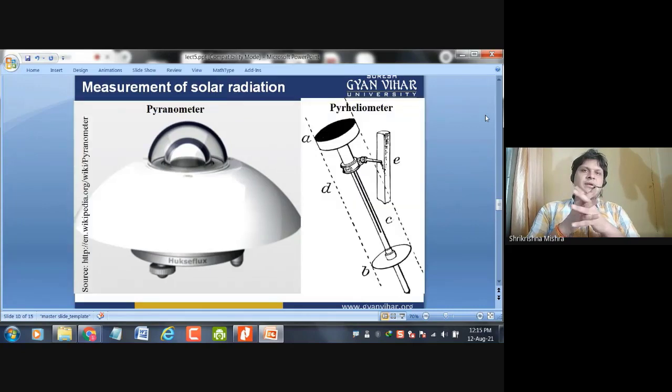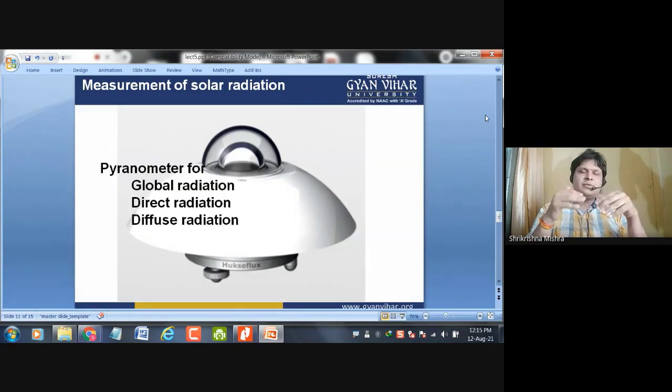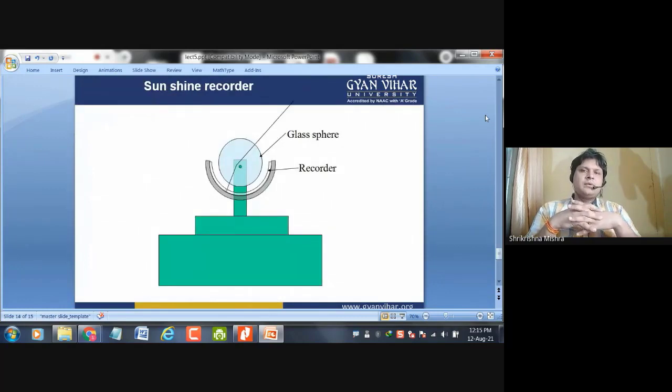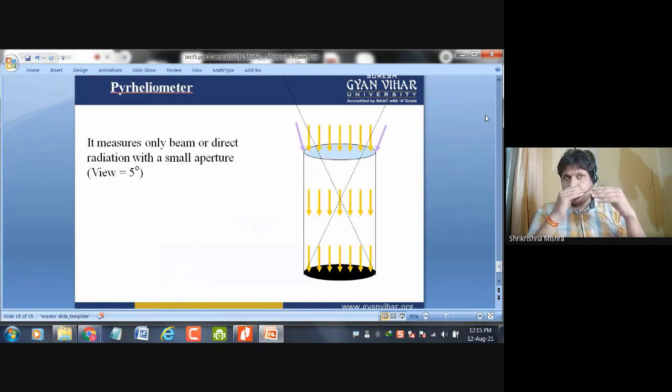And then there is the pyrheliometer which measures only the direct radiations. And the third one is the sunshine recorder. The recorder has a glass sphere like this, and it gives you the value of the total number of sunshine hours in a day. All right, so this is the symbolic diagram.